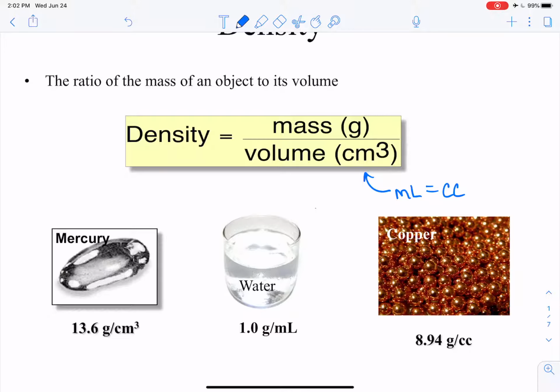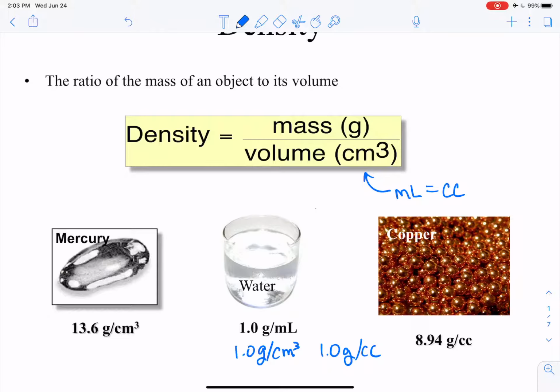And again, you could say 1 gram per centimeter cubed, or you could say 1 gram per cc. Now, copper is our metal over there in the little balls, and it has a density of 8.94 grams per cc, or grams per milliliter, or grams per centimeter cubed.